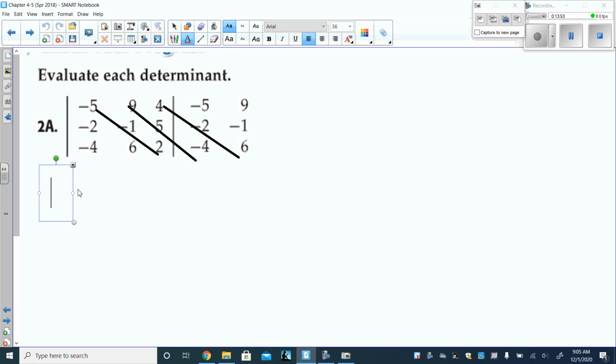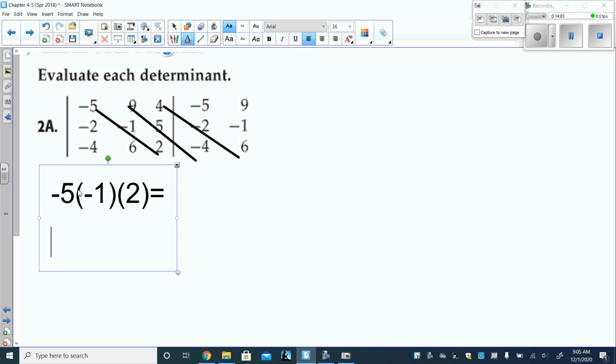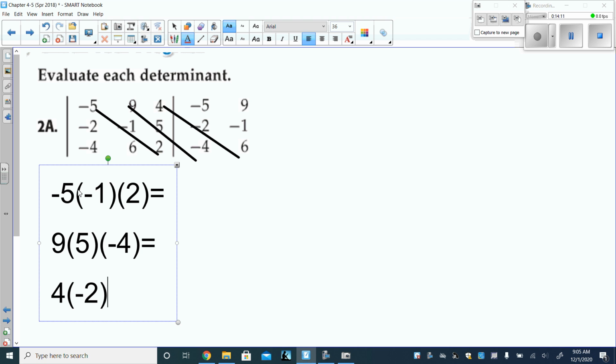The first diagonal is going to be -5 times -1 times 2. Our second diagonal is going to be 9 times 5 times -4. And our last diagonal is going to be 4 times -2 times 6.